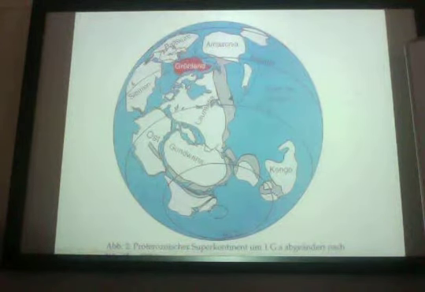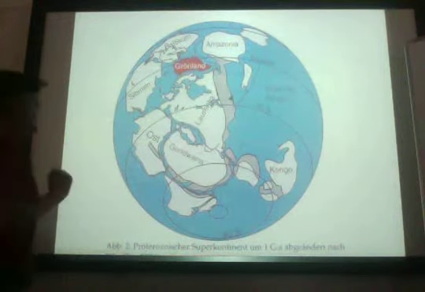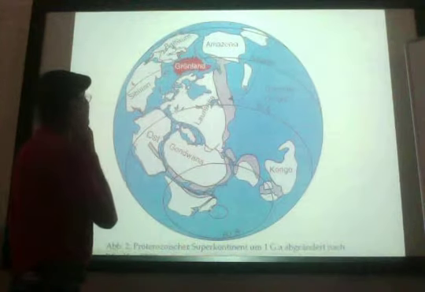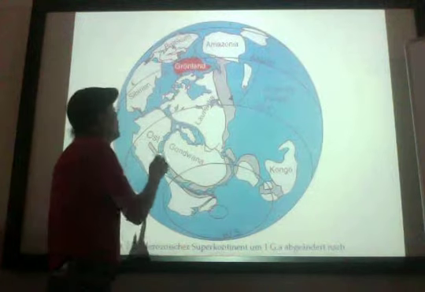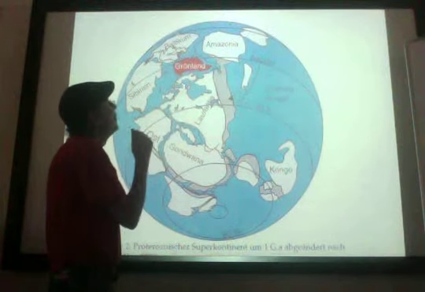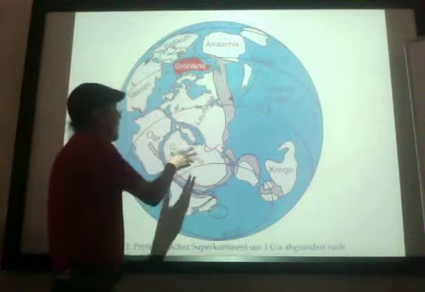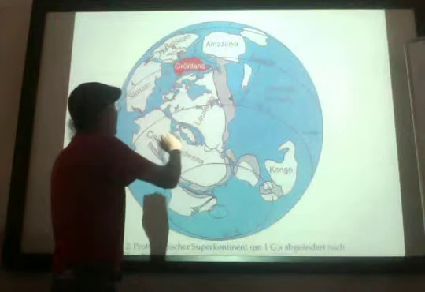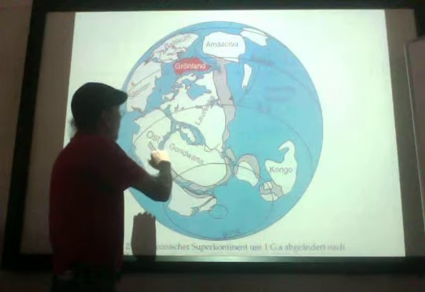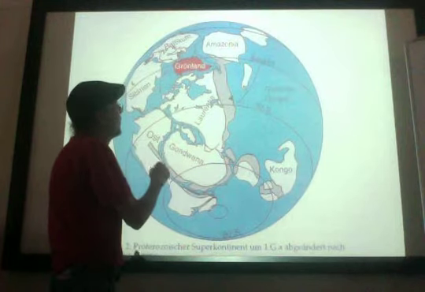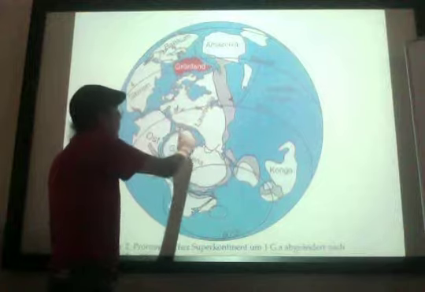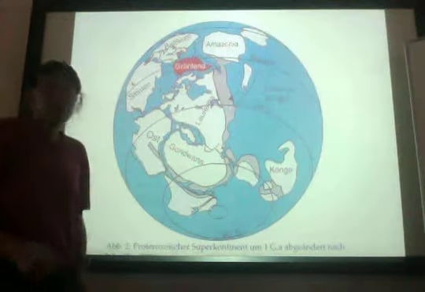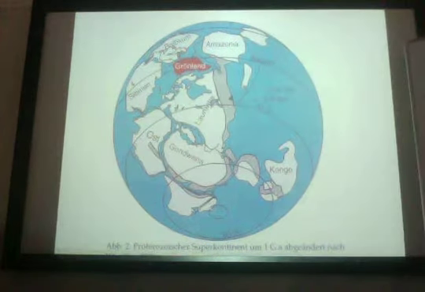So if the landmass is together, like here at supercontinent Rodinia, then later on to distribute all these former continents, you need the power from the mid-ocean ridges, and you have to form a mid-ocean ridge here. Then the continents are moving and drifting. That is just plate tectonics.